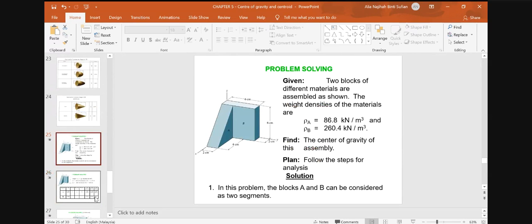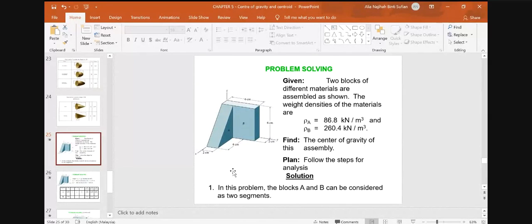Okay, finally, the final problem now is 3D, where we need to solve for x bar, y bar, and z bar. We have two blocks of different materials, assembled like this picture.